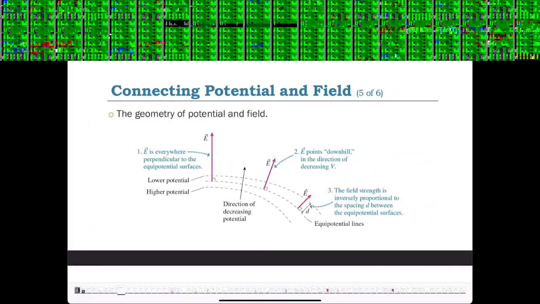You can see here, E, the electric field, is everywhere perpendicular to the equipotential surface. Actually, E is everywhere, and the direction is perpendicular to the equipotential surfaces.